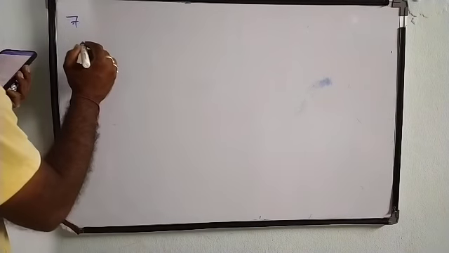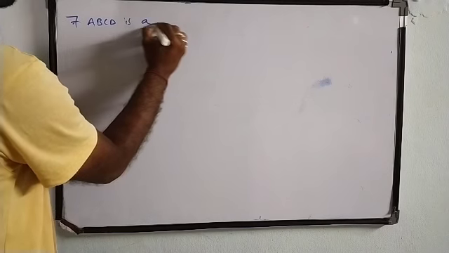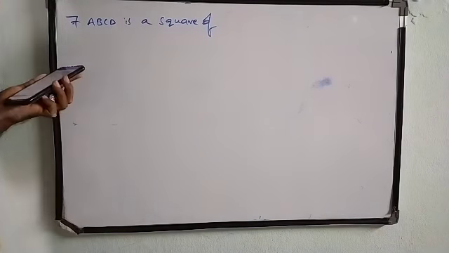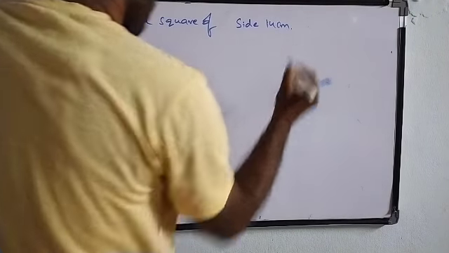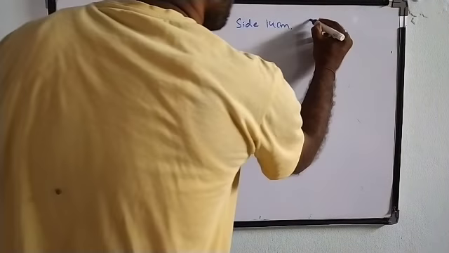Let us take the seventh question. ABCD is a square of side 14 centimeter, with centers A, B, C, D are 4 circles.